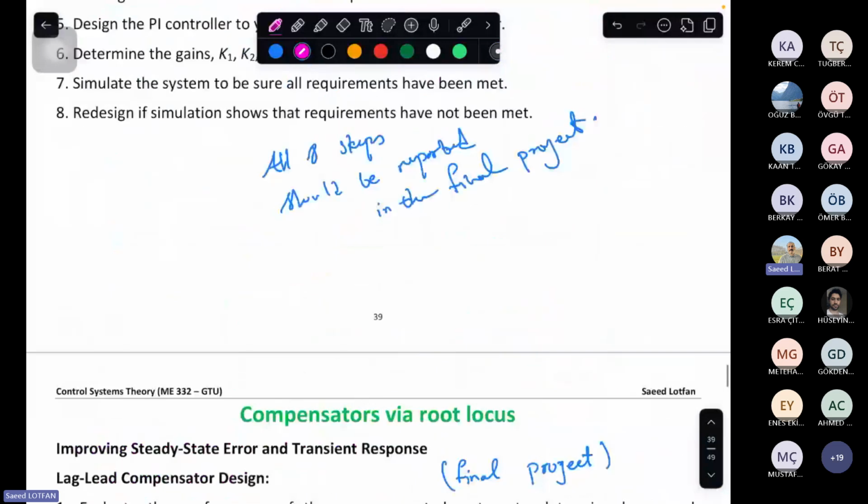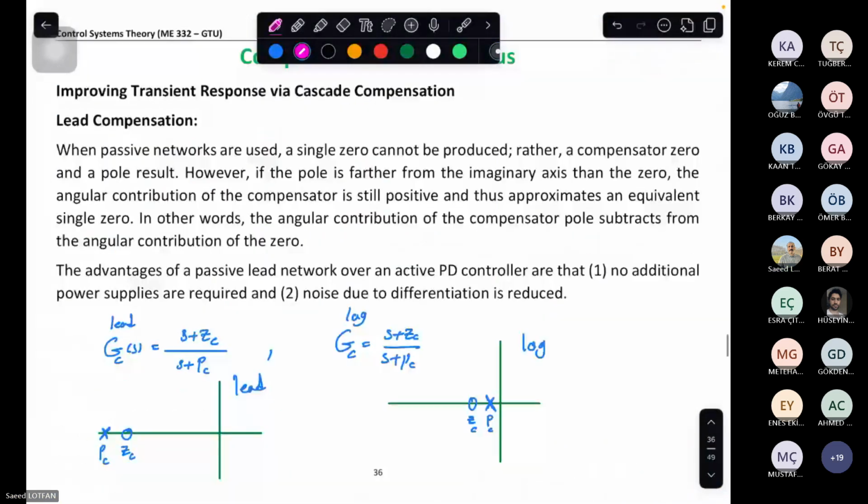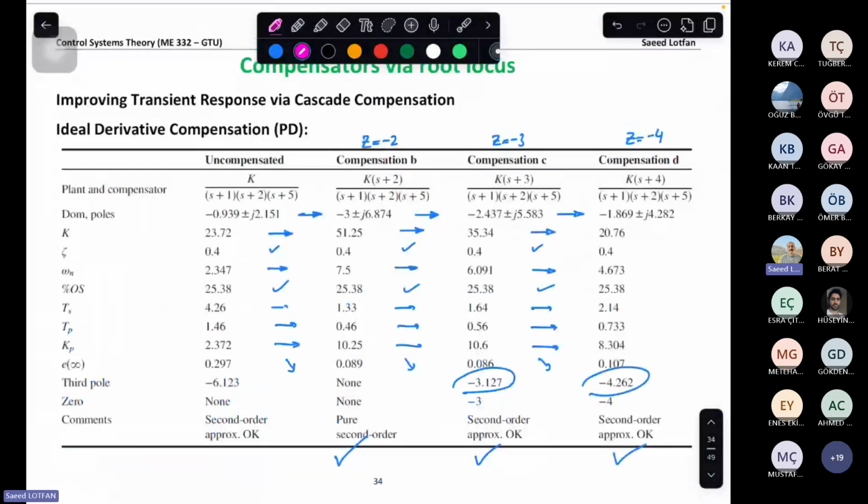I give you such tables, and I put some of the values blank. You have to fill them in. So you just have to know what we are doing here. Okay, you have to know the procedure. But in your final project, you're going to show step by step what you have done and explain why you have chosen such extra things.